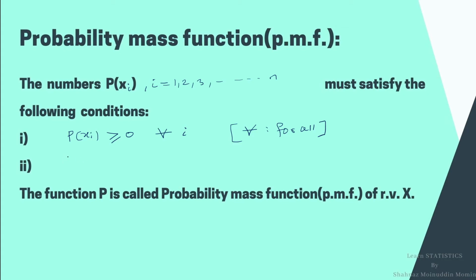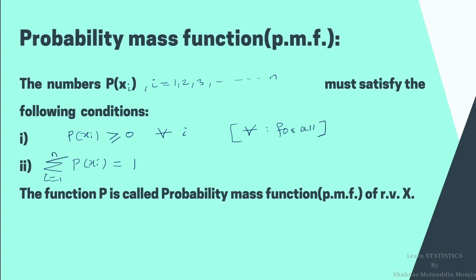So if we add all the numbers associated with each value of a random variable x, then it comes out to be 1, with i from 1 to n. These are the two conditions for the number p of xi. Number 1, each value is non-negative, and their sum should be 1.